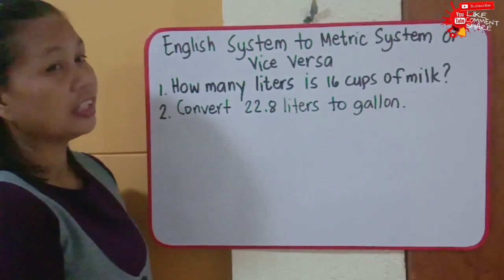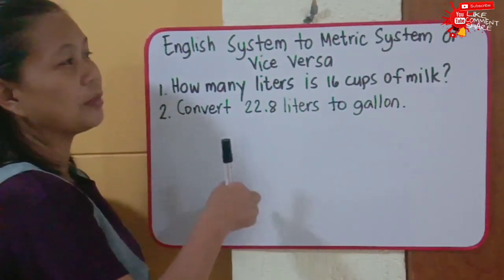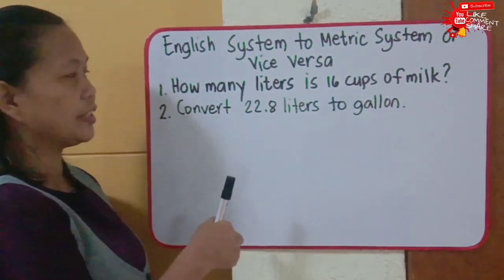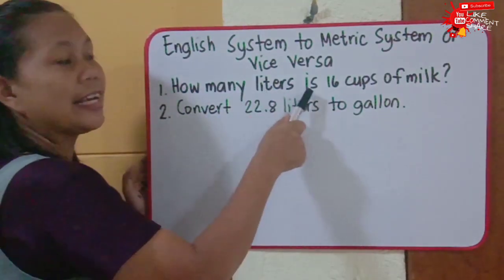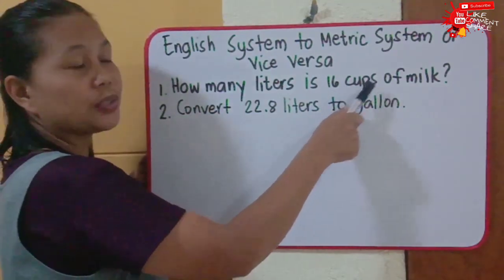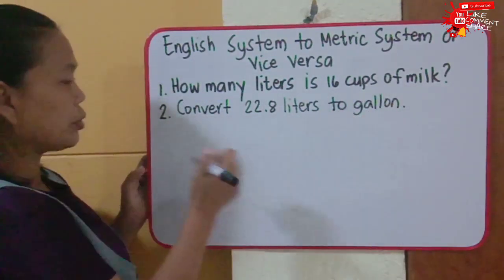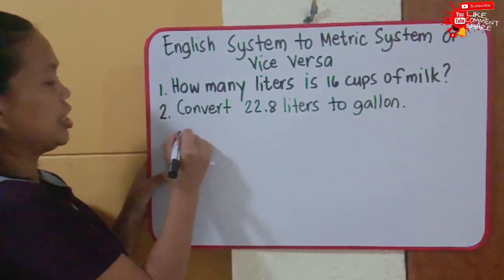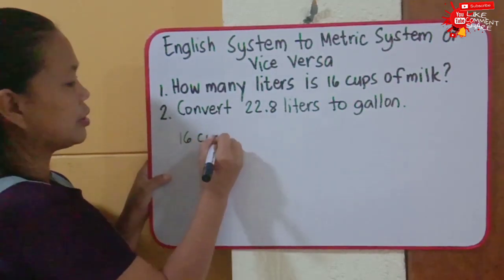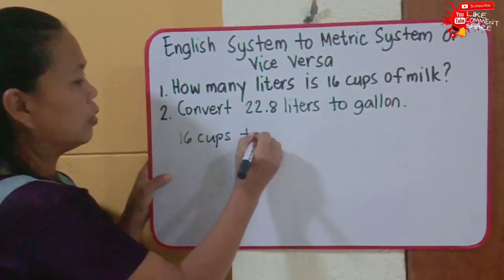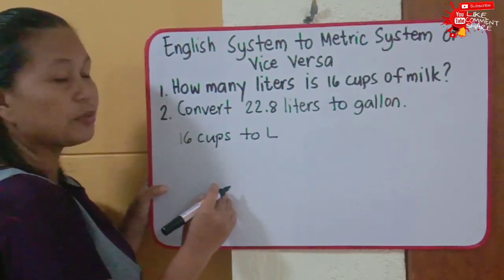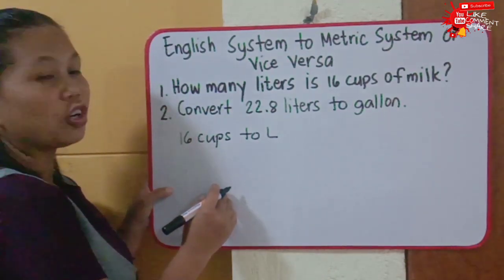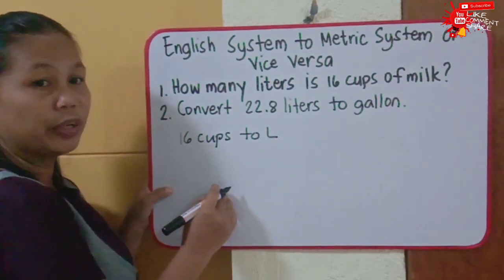Example number 1 in conversion of English system to metric system or vice versa. How many liters is 16 cups of milk? In this question, we are changing 16 cups to liters. If we are going to convert 16 cups to liter, what will be the conversion factor that we're going to use?